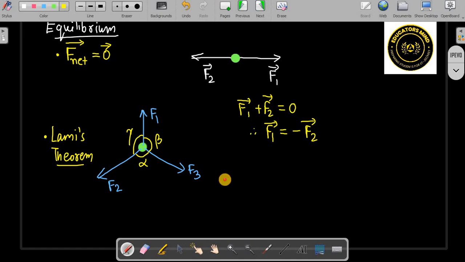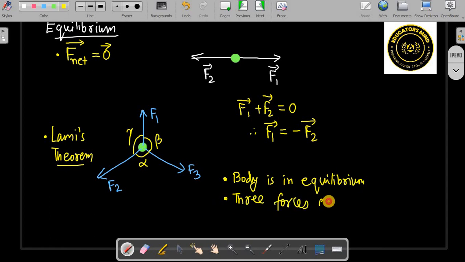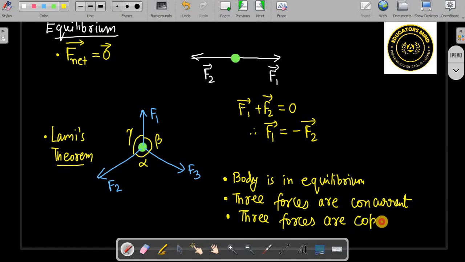First of all, the body is in equilibrium, and these three forces are concurrent, that means they pass through one point, and these three forces are coplanar. Why?